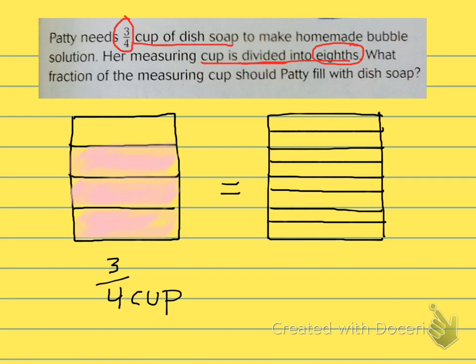Okay, so this is eighths. 1, 2, 3, 4, 5, 6, 7, 8. Just wanted to make sure I had 8 equal parts. It's the same size whole. These are eighths. Write that. These are fourths.